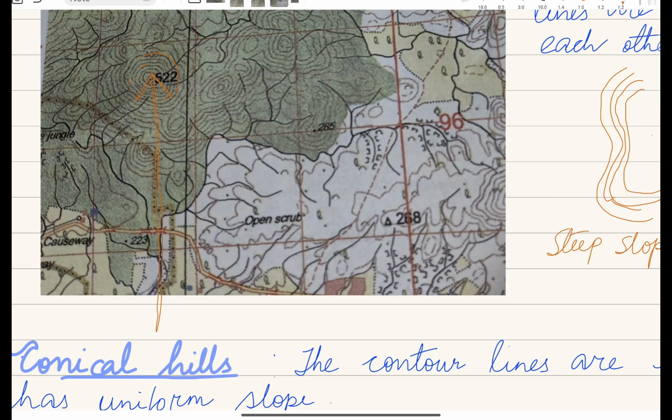So contour lines that are circular in shape, closely spaced, with more or less uniform space between each other, show that it is a conical hill.